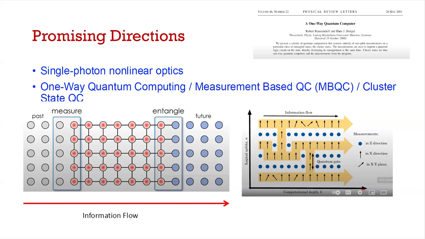But these changes, if I'm doing this on purpose, they can simulate a quantum gate-like operation. By making some local measurements, I can effectively simulate a gate measurement, and I feed forward these measurement results throughout the circuit.